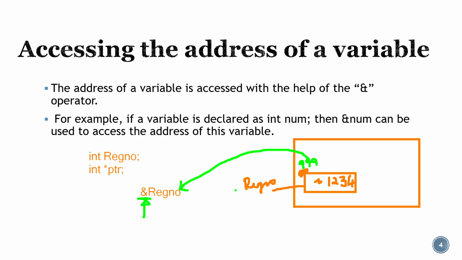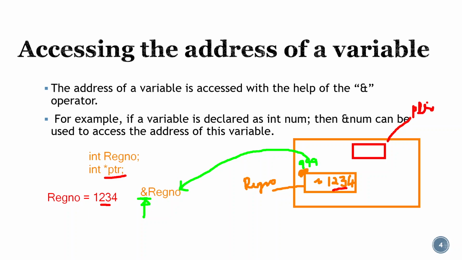So for example, let me repeat, reg number is equal to 1234. This means I am storing a value 1234 inside this reg number. Now, what about this ptr? ptr without star is again a memory location. It is called ptr.